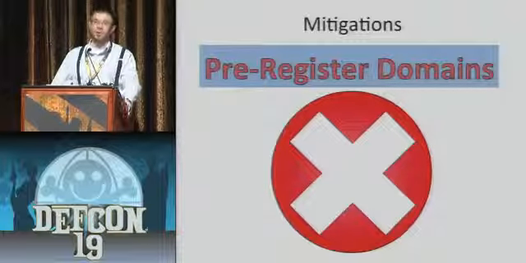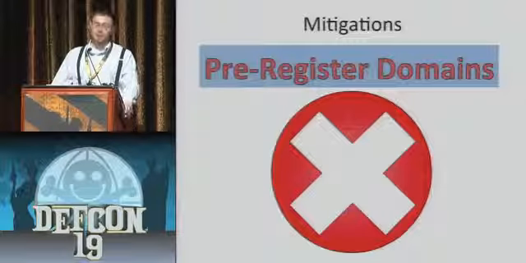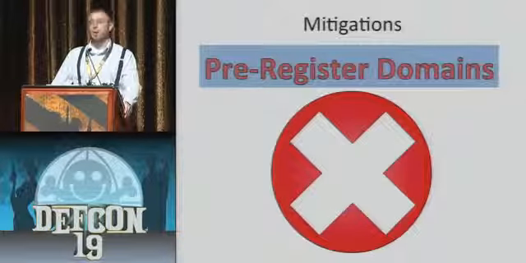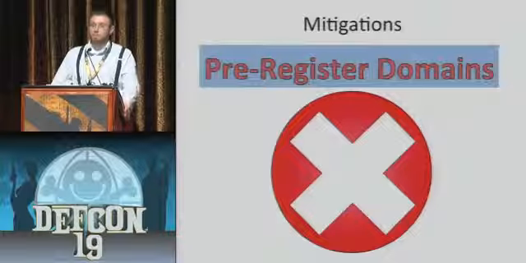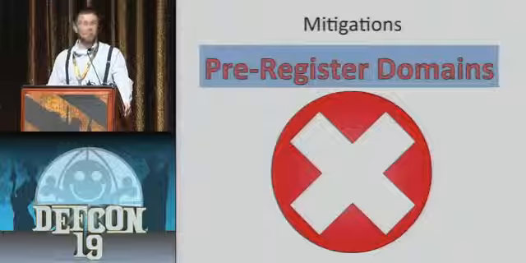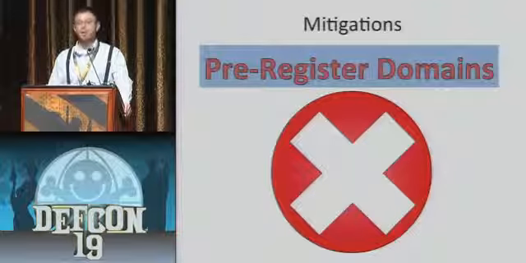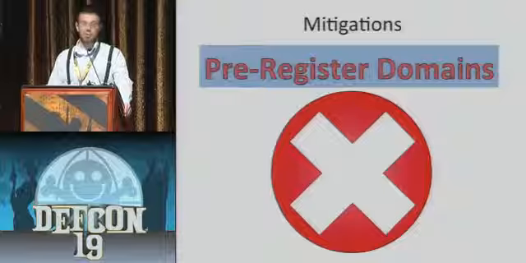If you're only looking at single bit errors, the most possible bitsquats that can exist is 6 times the amount of letters in your domain. That's only for single bit errors though. And the great thing about pre-registering is, 1, you can do it right now. 2, it'll help all your users, even your users running in some really hot climate, with really terrible power supplies and a really bad computer.